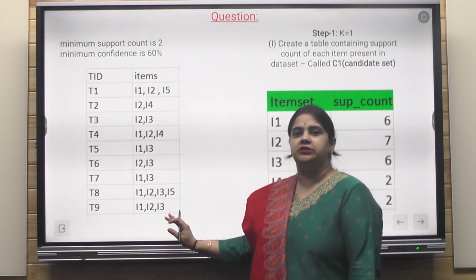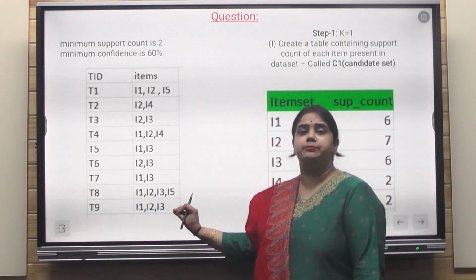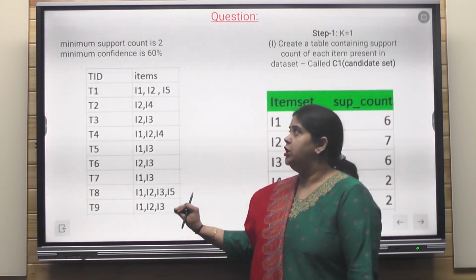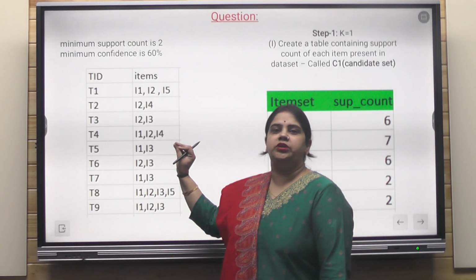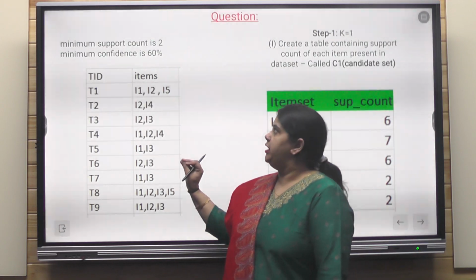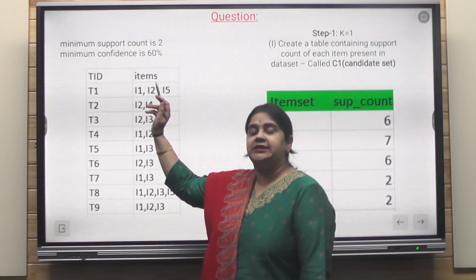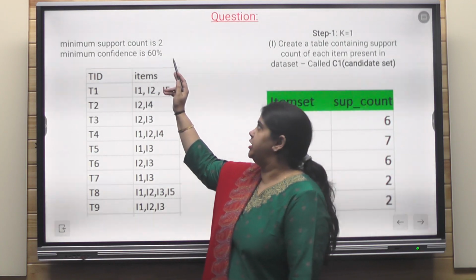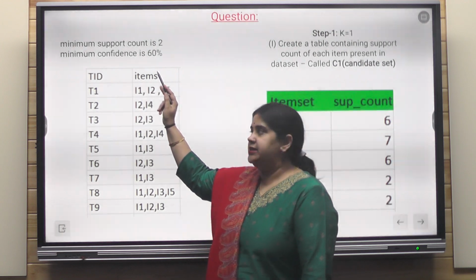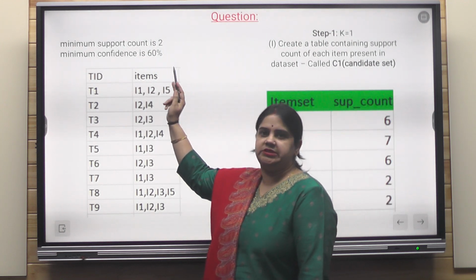Apart from that, a bare minimum requirement value has to be provided, and that is called your support and confidence. Here the minimum support, which is a threshold value already provided in the question, is 2, and the confidence is equal to 60%.